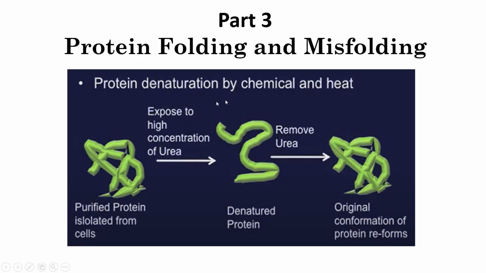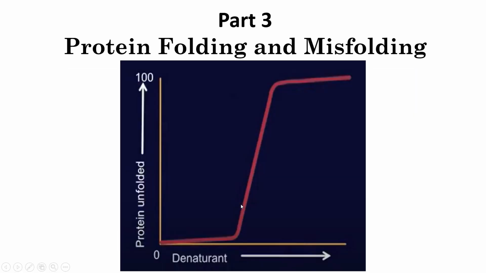This is the same thing which we just talked about. If you add urea, etc., they can be denatured, and if you remove urea, they can be reformed again. This is just the experiment by which people have done denaturation and then removing them, then again it got refolded.